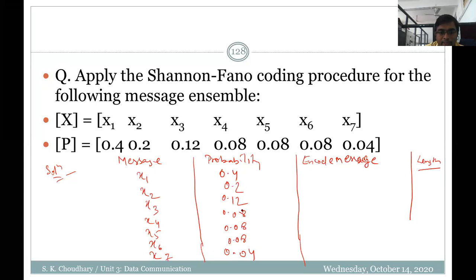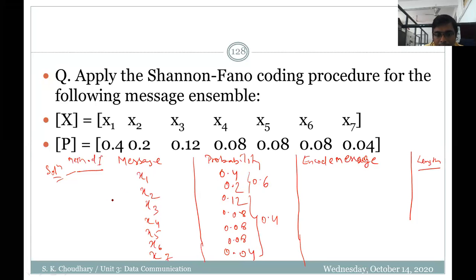Just take the summation. There are actually two methods, and I am explaining method one; you can go for method two as well. To divide into equally probable groups: 0.4 and 0.2 total 0.6, and the summation from x3 to x7 is 0.2, 0.2, 0.4.